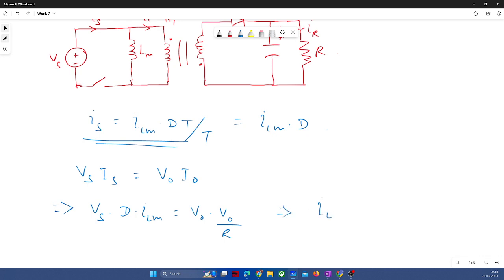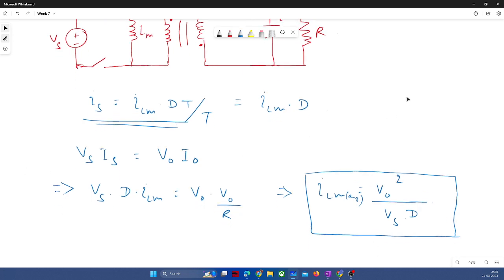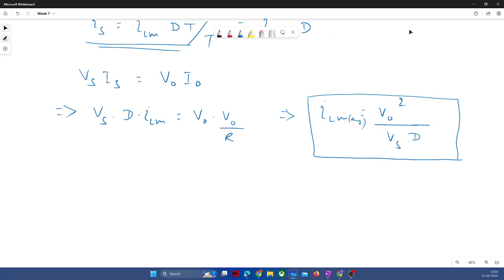You will get ILM is equal to V naught square divided by Vs R D. This is your average value of magnetizing current. The denominator will have R. Ah, yeah, correct. Sorry for that.